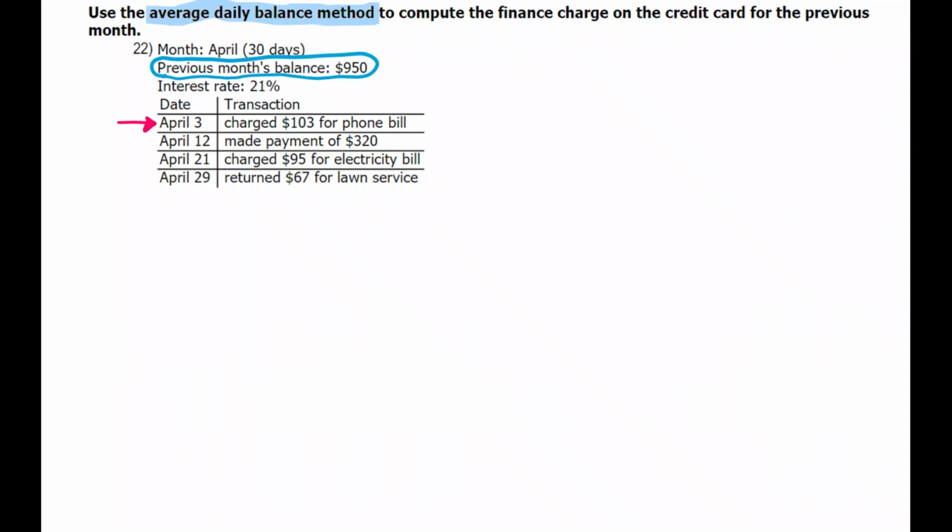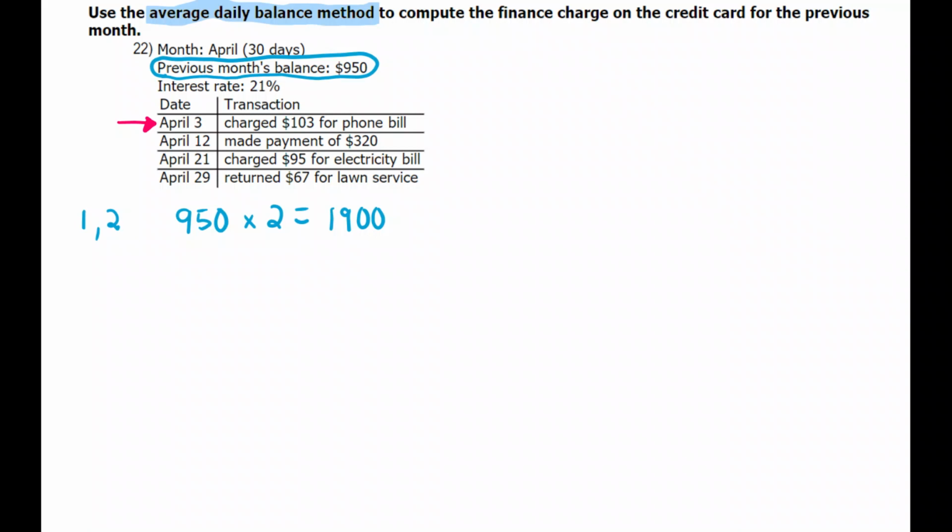So, for the first 2 days of the month, for April 1st and 2nd, our balance was the $950. So for each of those 2 days, it's $950. And I'm going to multiply that by 2. And that's going to give me $1,900. So 950 plus 950 is 1,900, or 950 times 2. But that's the first 2 days.